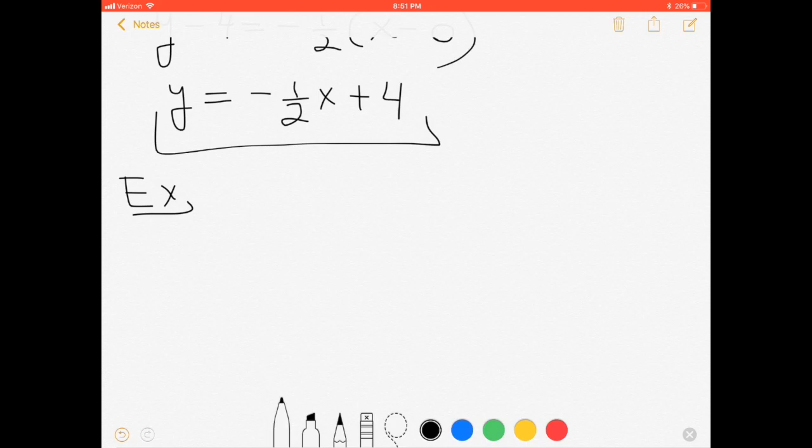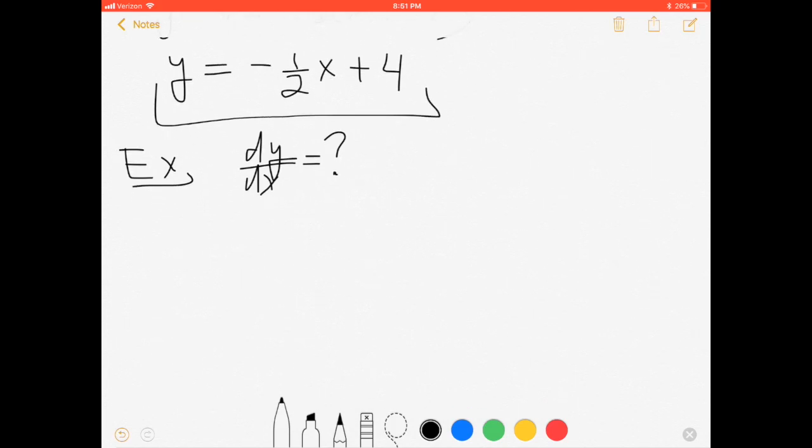For example, here we need to find dy/dx, question mark, if we have this kind of equation: natural log of xy plus 5x equals 30.